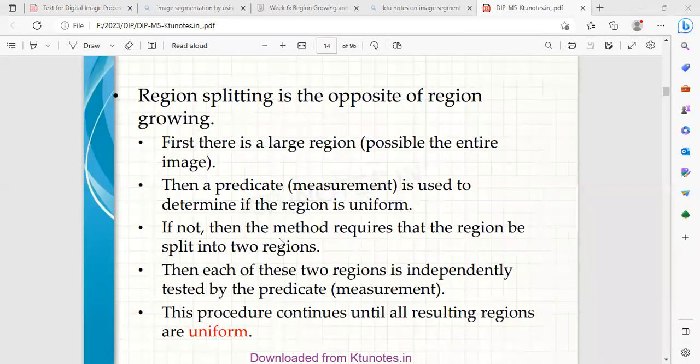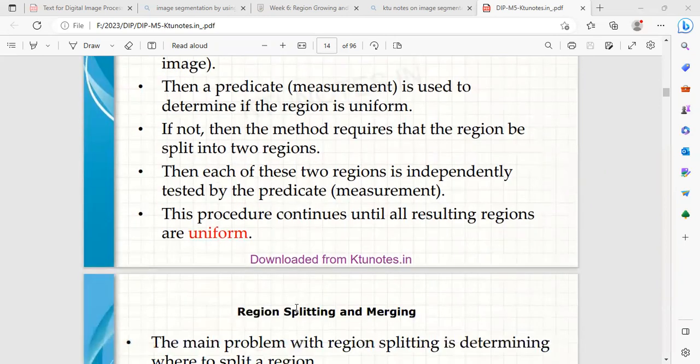If not, then the method requires that the region be split into two regions. Then each of these two regions is independently tested by the predicate. So this procedure continues until all resulting regions are uniform.